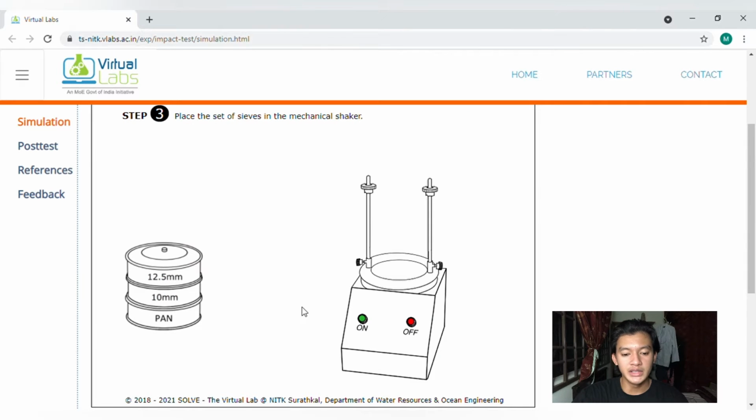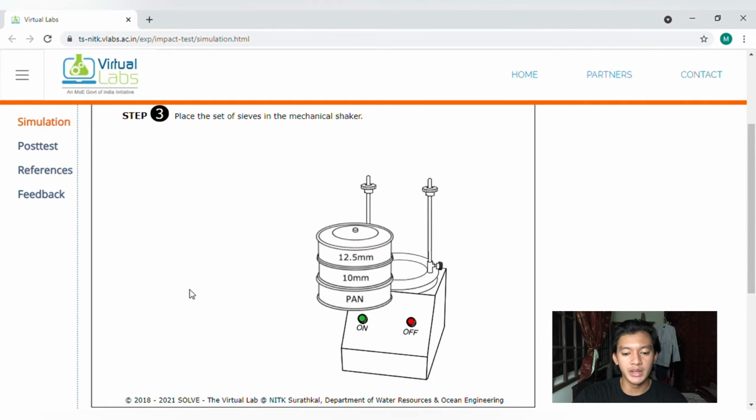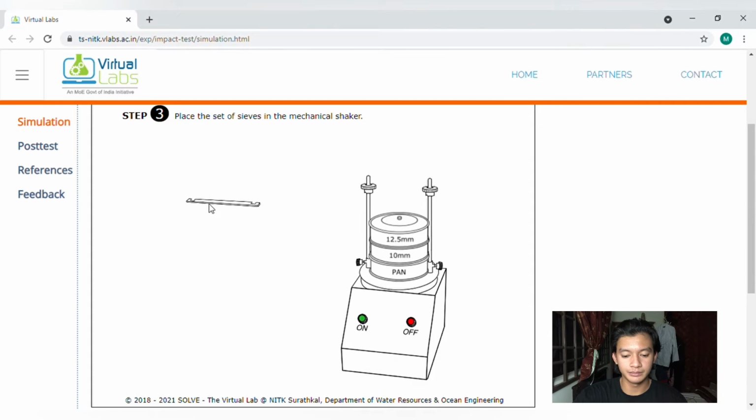Step 3. Place the set of sieves in the mechanical shaker. Step 4. Collect the coarse aggregate retained on the 10 mm sieve in a separate container.